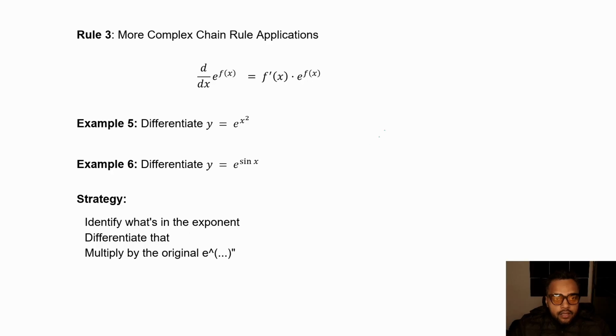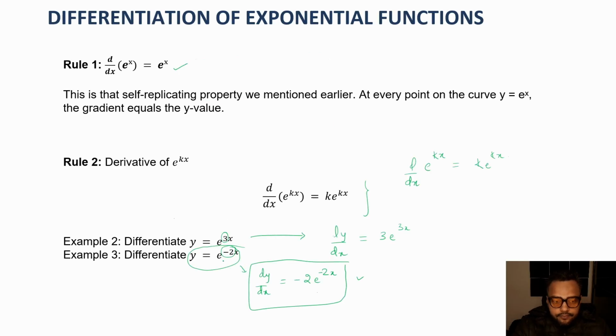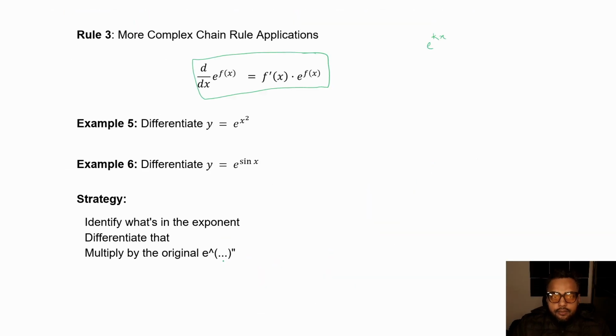Now for this function, don't get confused between e raised to the power kx, where k is a number, and e raised to the power function of x, where the exponent is a function. If any function is on the power of e, you need to differentiate this function.